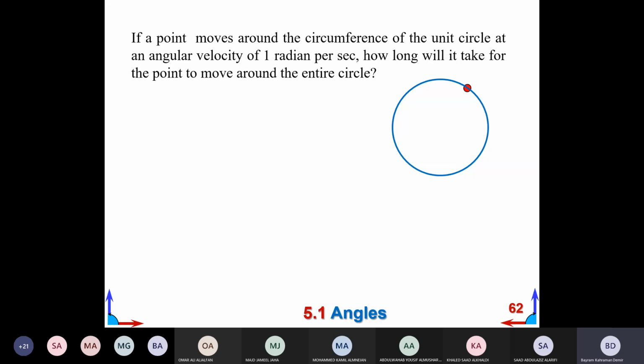Now, here is the question. The angular speed is 1 radian per second. Omega is 1 radian per second.